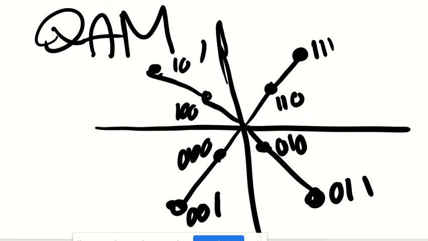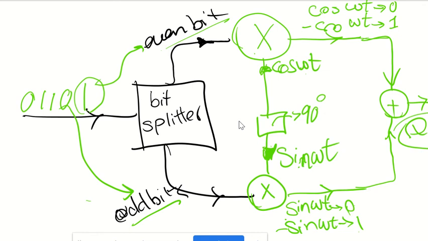Okay, so how would the circuit for sending QAM work? You already know how PSK, QPSK work. What about QAM?